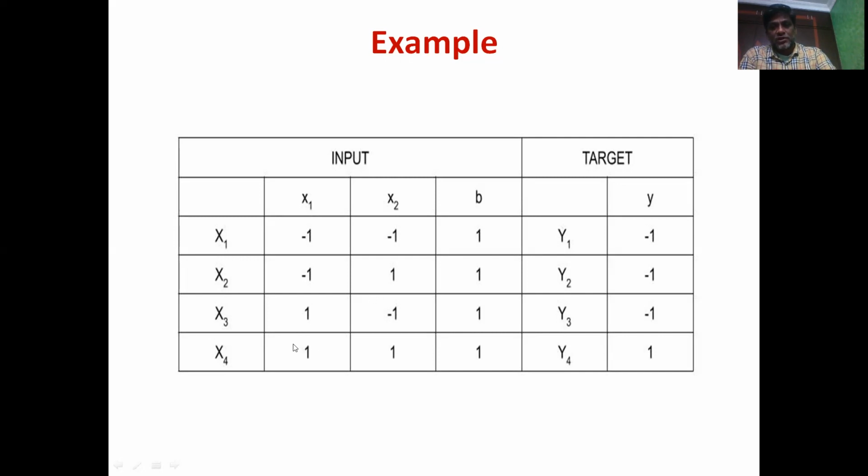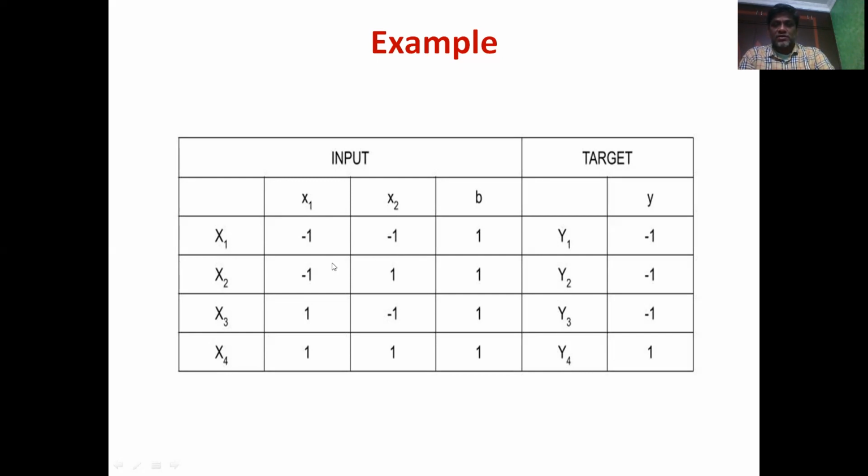And the fourth input vector is 1, 1, 1, and the target value is 1. If you replace these minus ones by zeros, then you can see that this x1, x2, y is nothing but an AND gate. The behavior of the AND gate is replicated here, except that 0 is replaced by -1. So we can call it a bipolar AND gate.